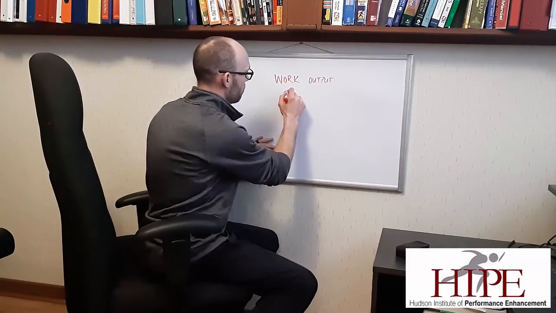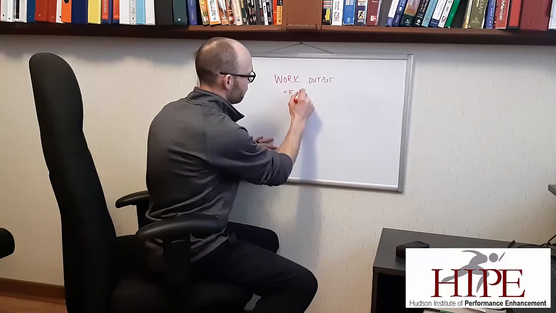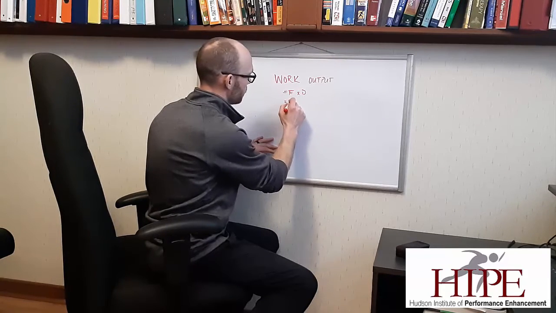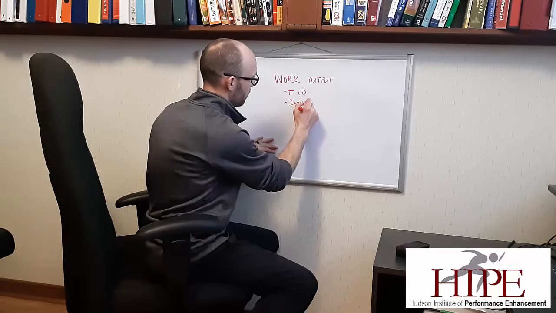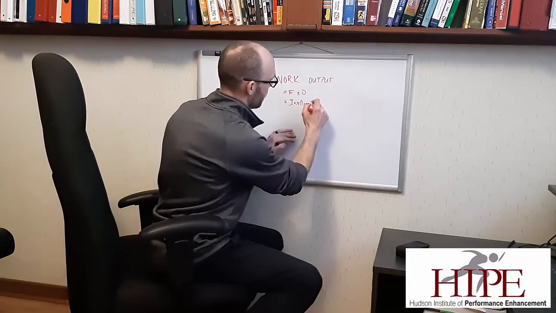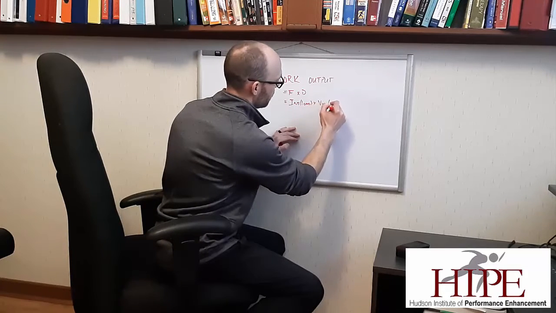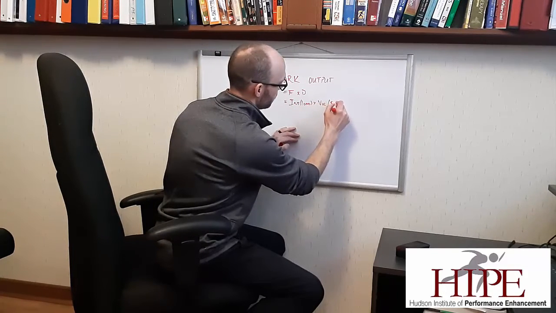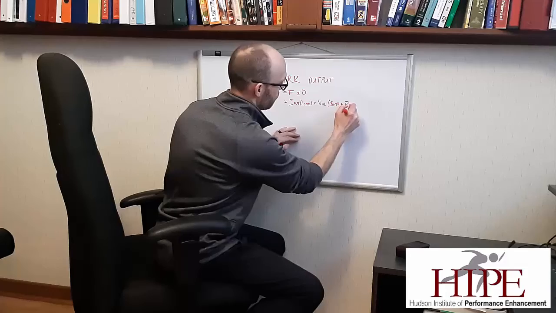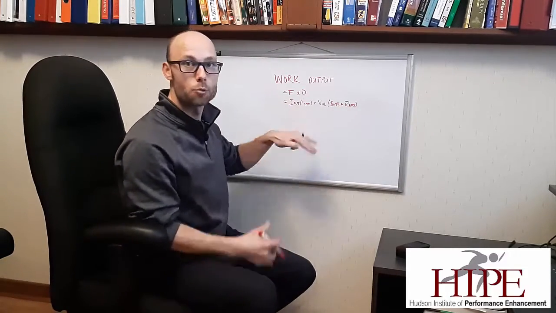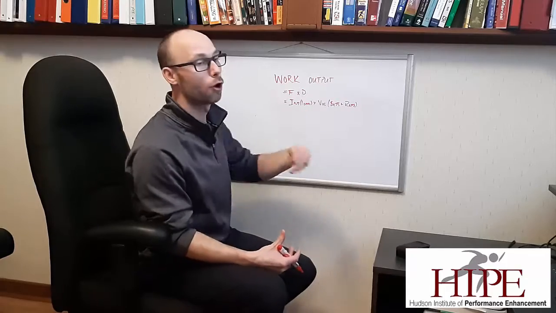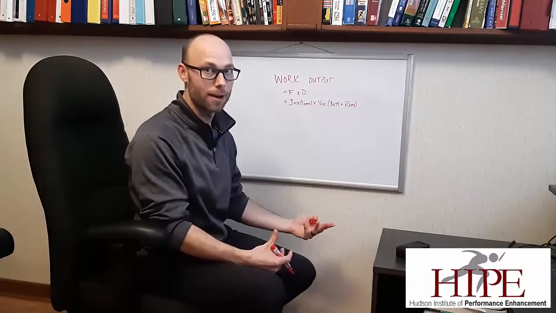From here, work output is a byproduct of force times distance, otherwise known as intensity or load times volume, aka sets and reps. So breaking it down, it's basically how much weight you lift times the volume that you perform with that weight.